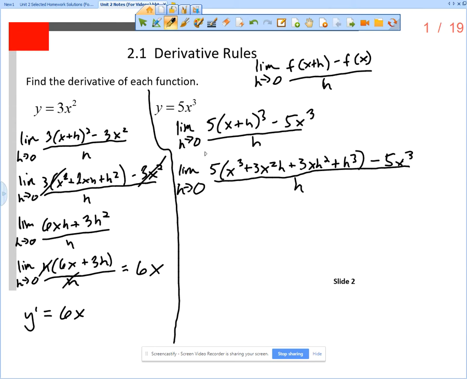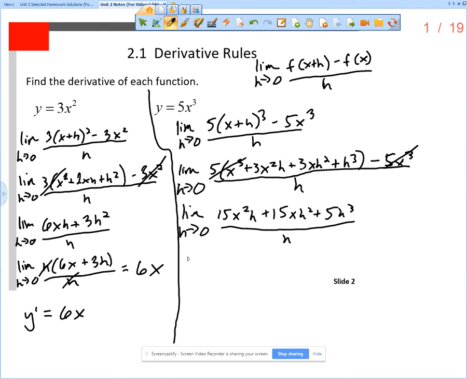So now I'm going to distribute the 5, and then I have 5x cubed minus 5x cubed, so those are going to subtract out. So the limit as h approaches 0 of, if I distribute the 5, I get 15x squared h plus 15xh squared plus, not 15, plus 5h cubed, all divided by h.